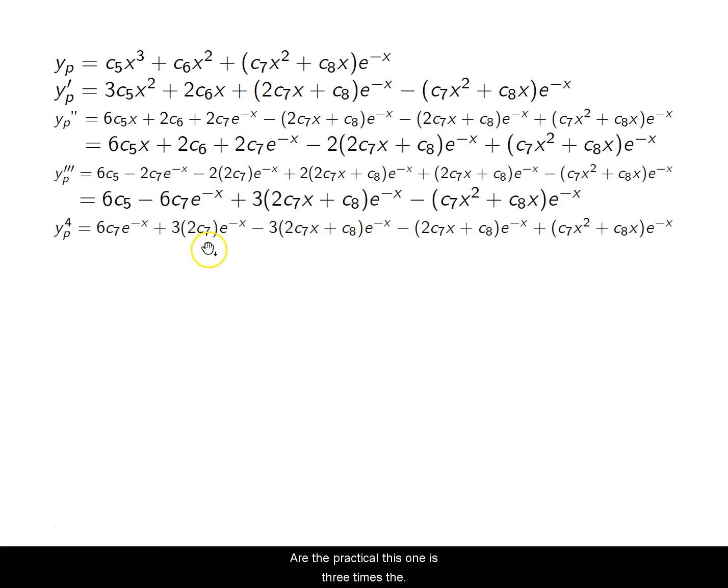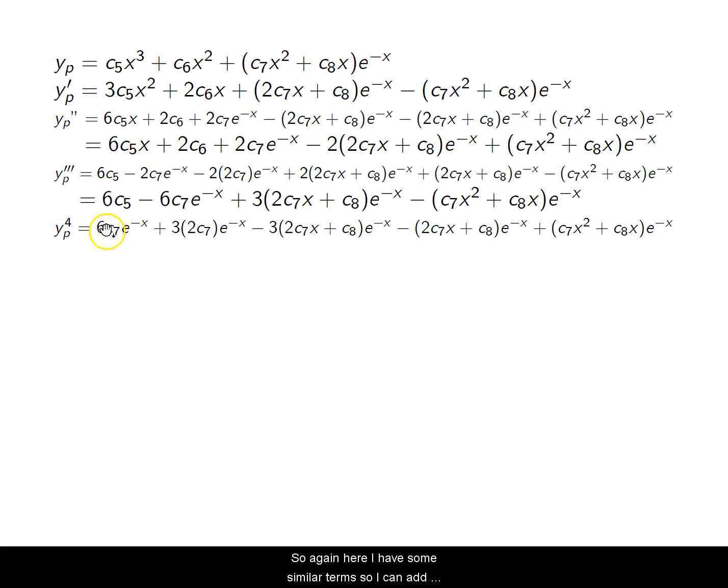So 3 times the derivative of the inside. e to the x stays the same. Here, same thing. The negative comes to the outside, and the inside stays the same. And then this one, product rules to give us these two values also. Okay, so same thing. Differentiate the inside times the exponential. Here, the inside stays the same, and the exponential came out and gave us a positive, right?